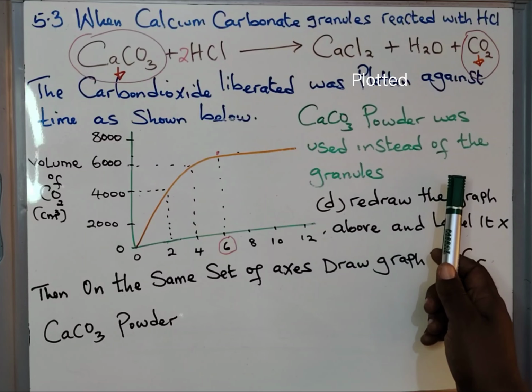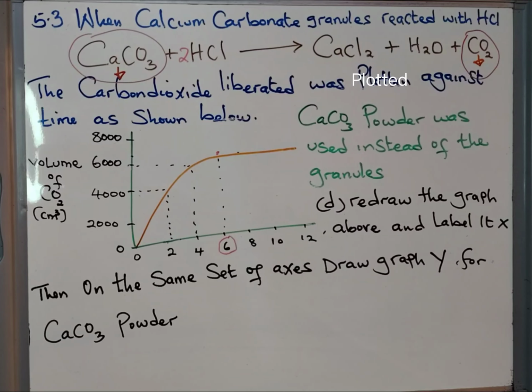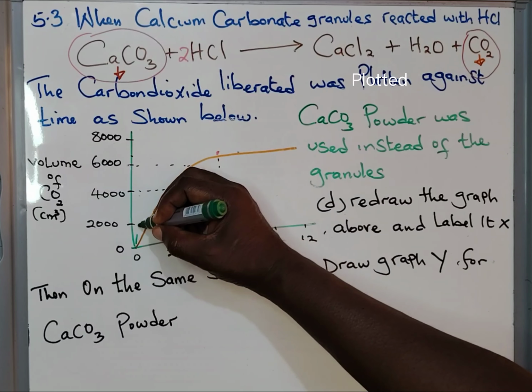You have to know that the use of powder increases the surface area of the compound. And when surface area increases, the rate increases. So when the rate increases, how does the graph appear for a higher rate? The graph will be like this.